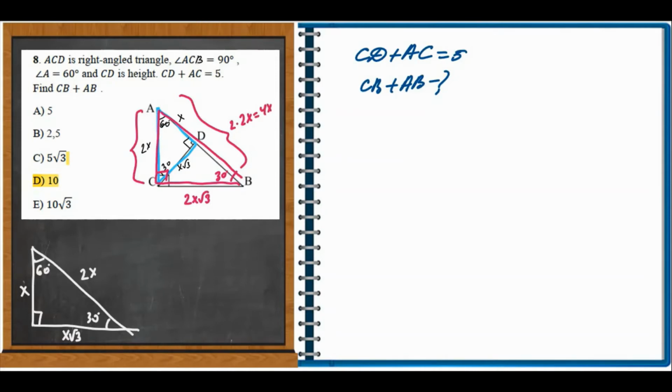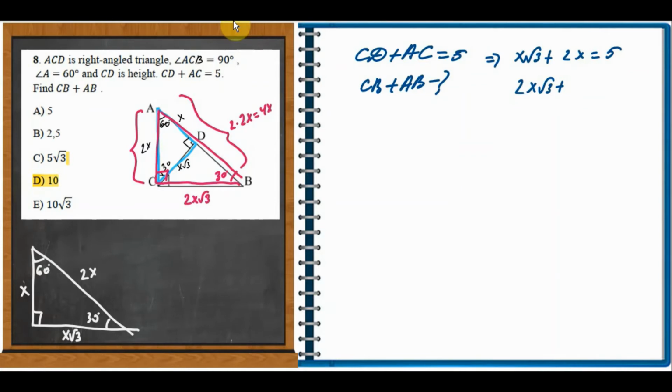After this, we will substitute the values of CD and AC. Now, CD in terms of x is x square root of 3. What is AC? AC is 2x. That's 5. It's given. CB, we need to find the sum CB plus AB. It's 2x square root of 3 plus AB.